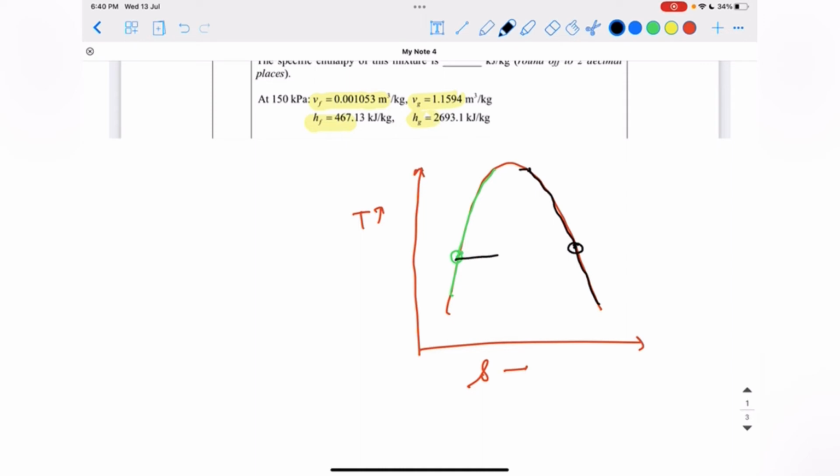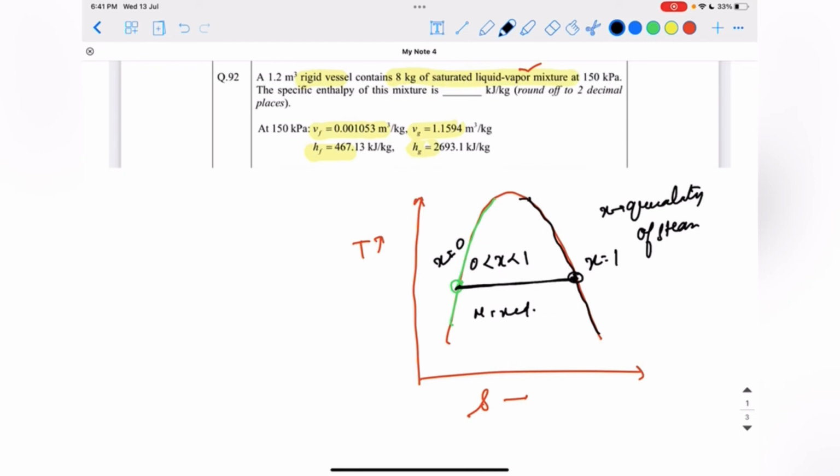Now the region between these two is the mixed region. So there is a factor known as X, that is quality of steam. At this point X is equal to 0 and at this point X is equal to 1, and in the mixed region X lies between 0 and 1.